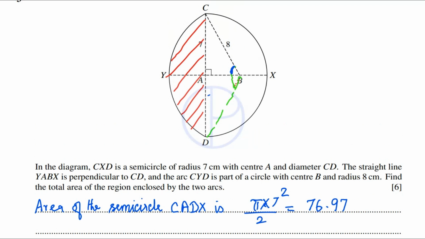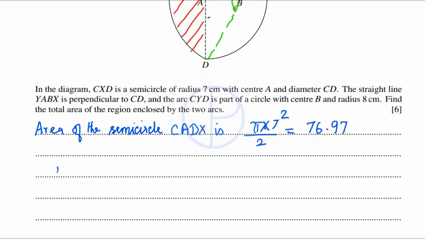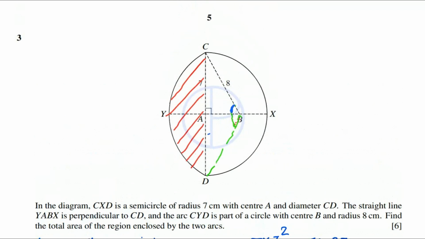First, let's consider the triangle ABC. Let me mark this as theta. This is theta, then this is again theta, because BC is 8, BD is also 8.